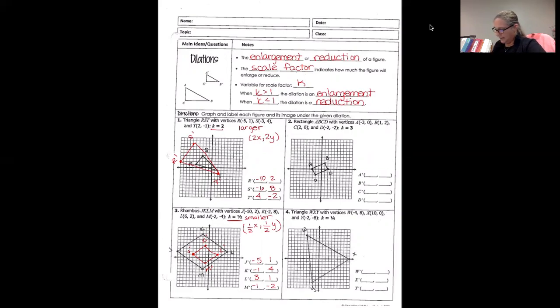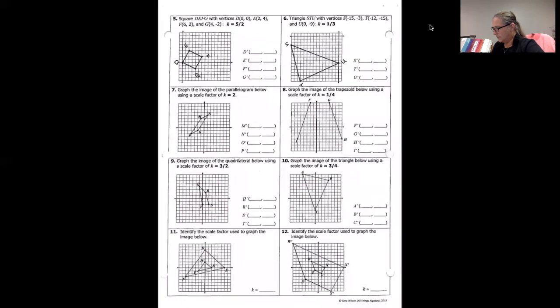All right, let's take a look at problem number 5. K is 5 halves. 5 halves is 2.5, which means it's greater than 1, so our figure is going to get larger. And we're going to do 5 halves X, 5 halves Y. Feel free to use your calculator if you need to. D is not too hard since 0 times anything is 0.